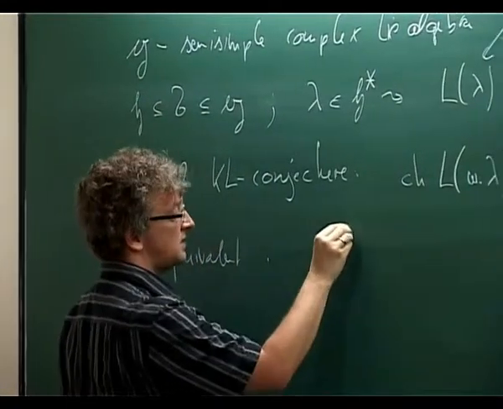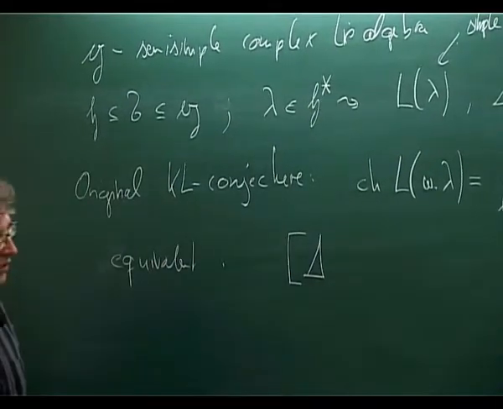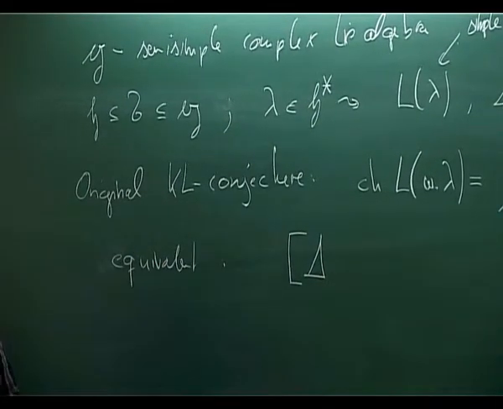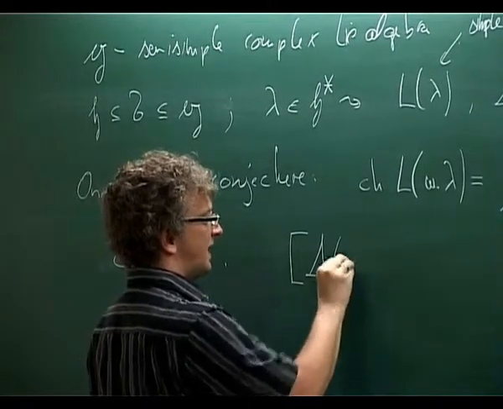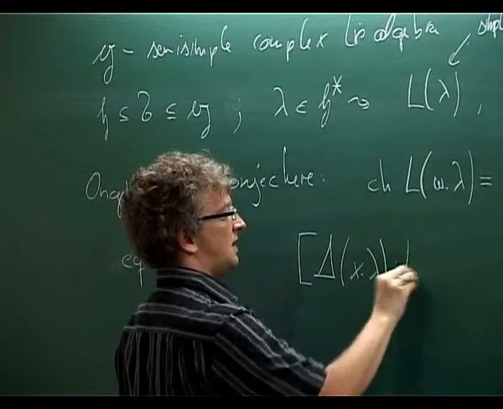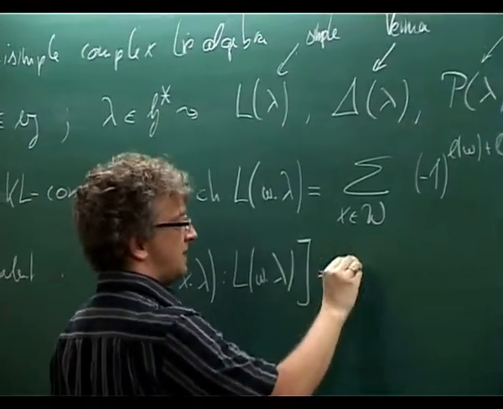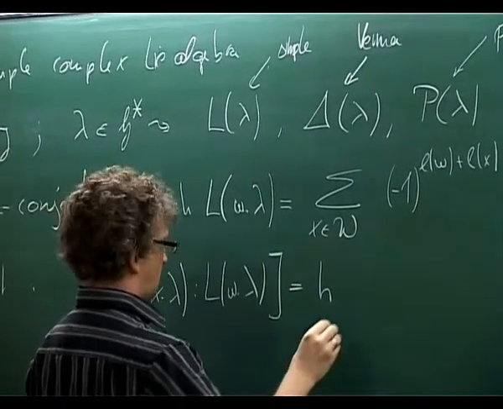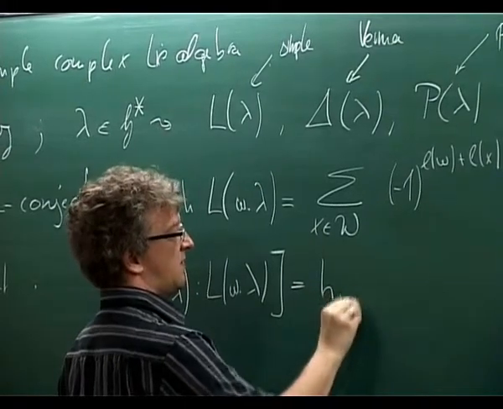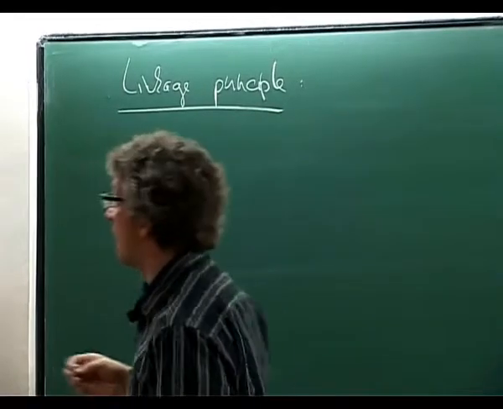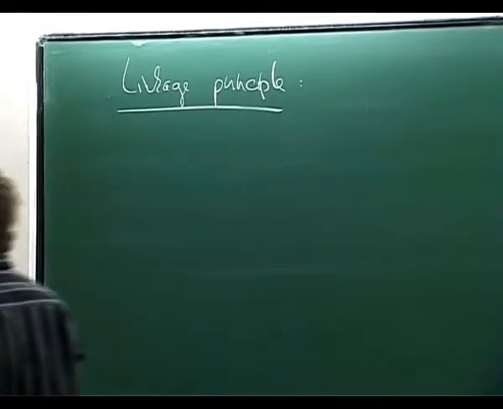You can rewrite this in multiplicities of Jordan-Hölder decomposition series of Verma modules, and it says that the multiplicity of L(w·lambda) in the Verma module of x·lambda is given by the Kazhdan-Lusztig polynomial at parameters x and w.